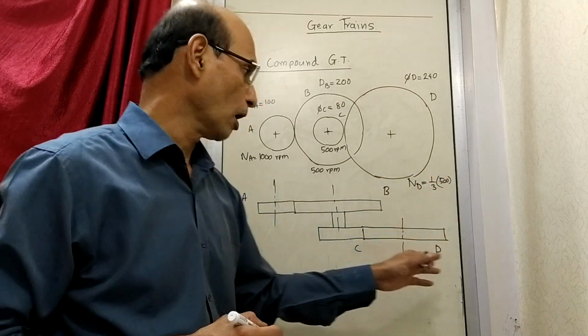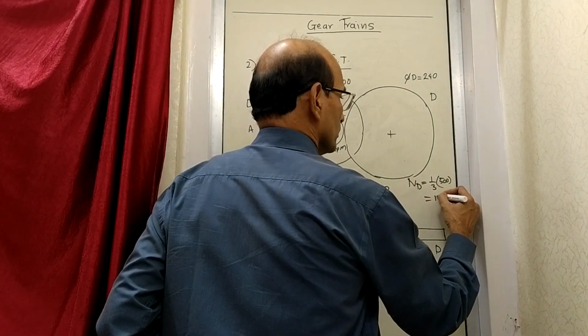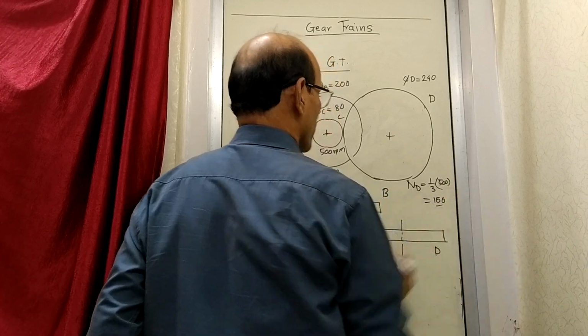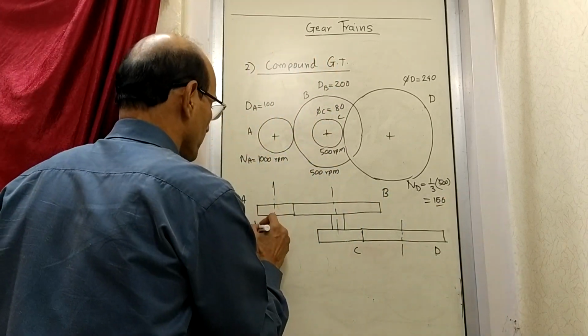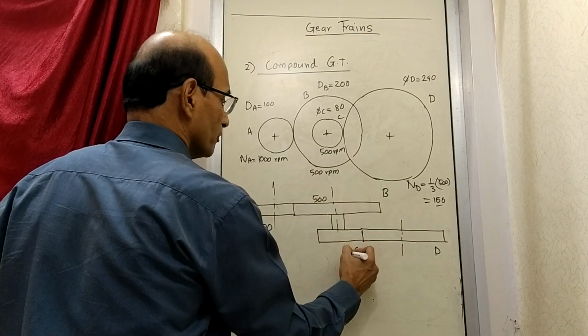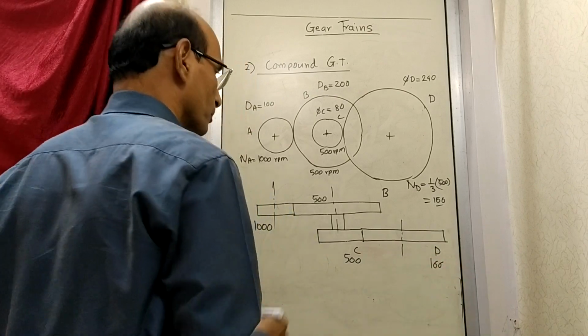So now the speed has come down to, suppose you try to calculate this, 166 rpm. So we have come down from 1000 rpm here, 1000 rpm here, to 500 rpm here, to 500 rpm here, and to 166 rpm here.